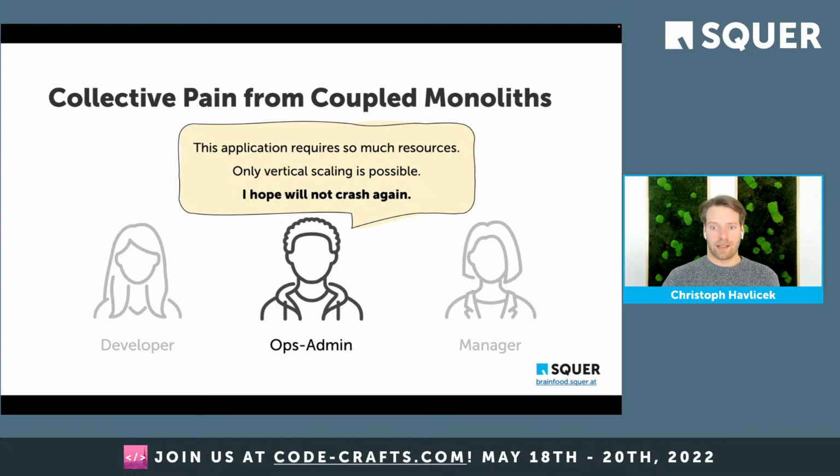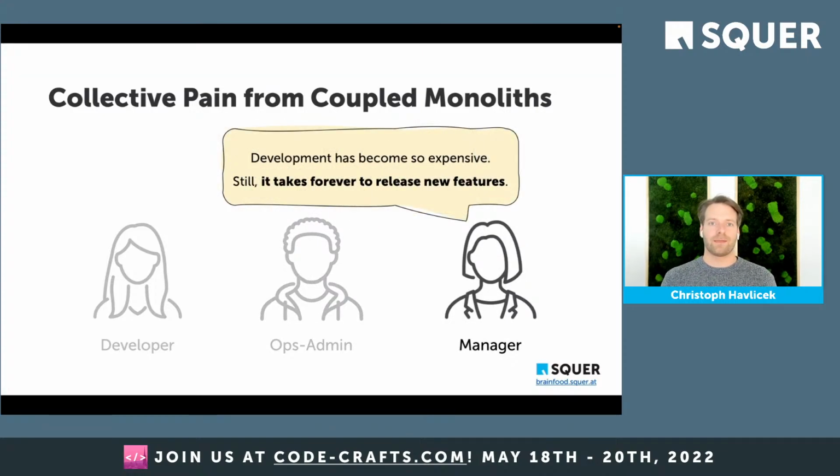And at last, management is also not happy with this situation, because what we typically see in these scenarios is that development is becoming less and less efficient. The spending on IT resources increases, but the output stays the same or even decreases. And slowly but surely, release cycles get longer, and it takes forever to release new features.